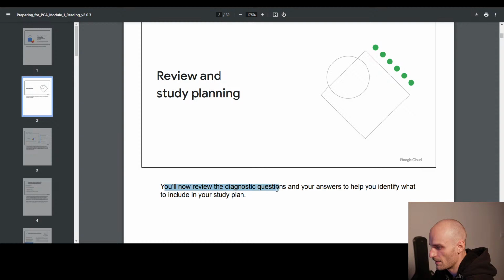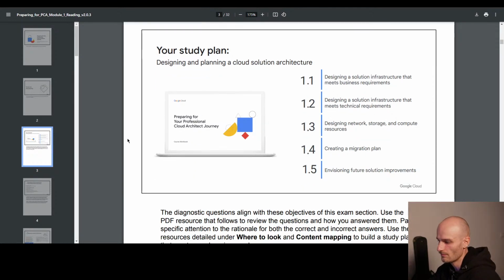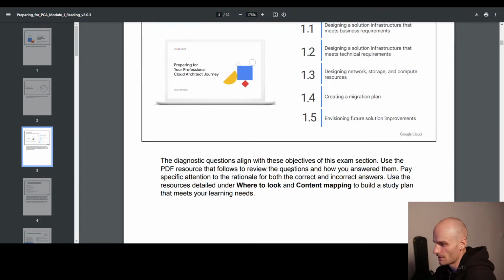You'll now review the diagnostic question and your answer to help you identify what to include in your study plan. The diagnostic question, where to look, and content mapping.